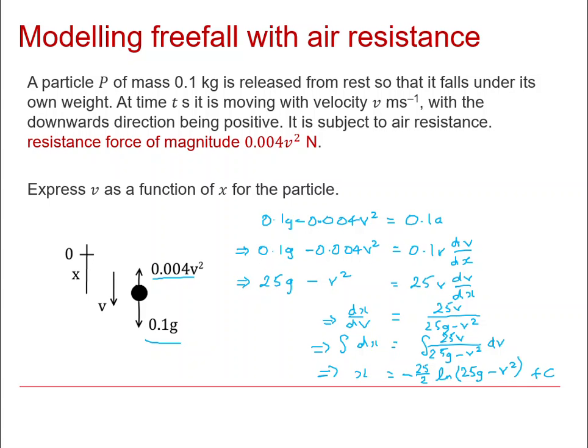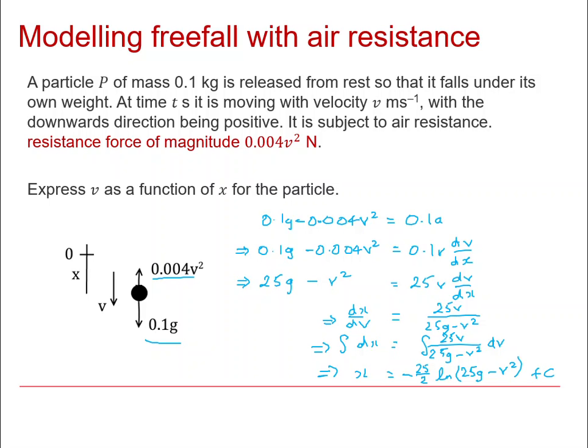Now it would be nice to go a line further. I want v equals, so I'm looking to get v squared by itself. So the obvious next thing to do would be to multiply by minus 2 over 25. That's what we'll see on the next slide. If you multiply the c by minus 2 over 25, you get another constant, which we'll just call another c.